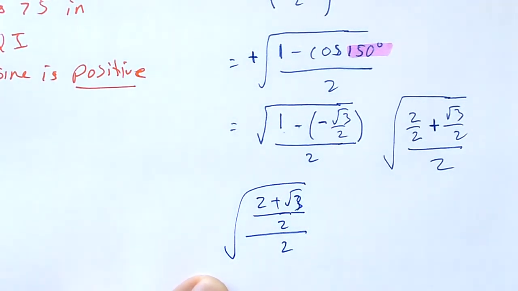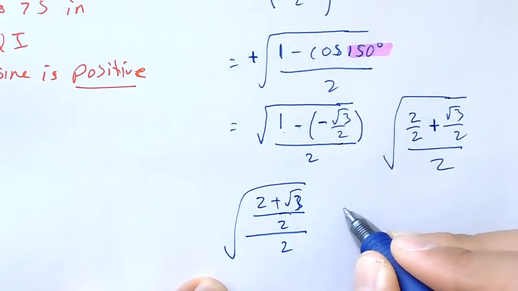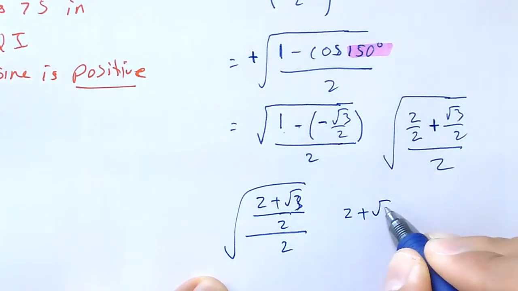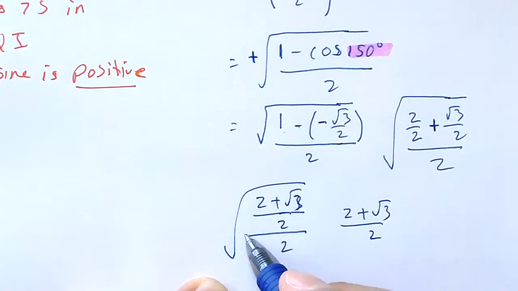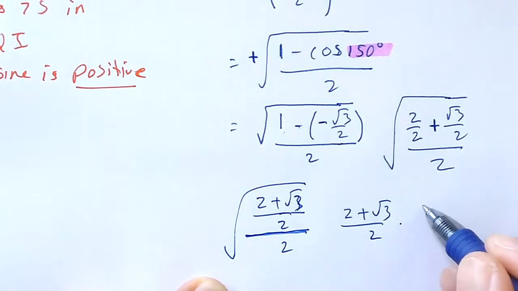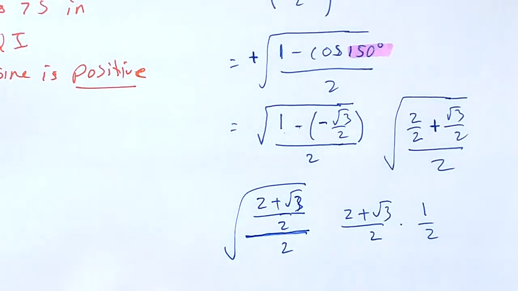Again, everything is in the radical. As I continue, instead of dividing by 2, I multiply by the reciprocal. And that will allow me to multiply 2 times 2, which will be a 4.